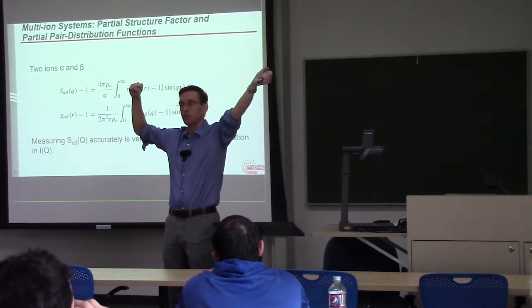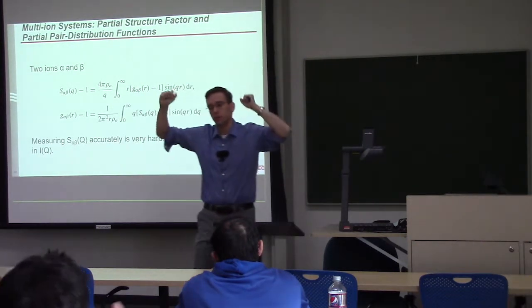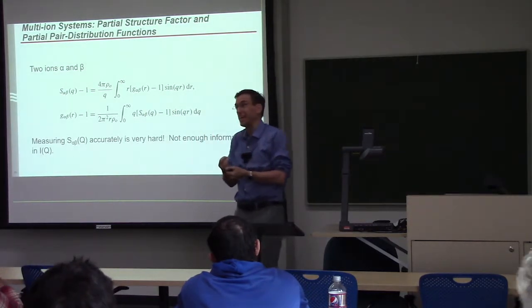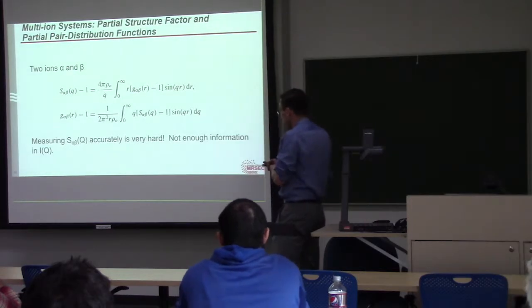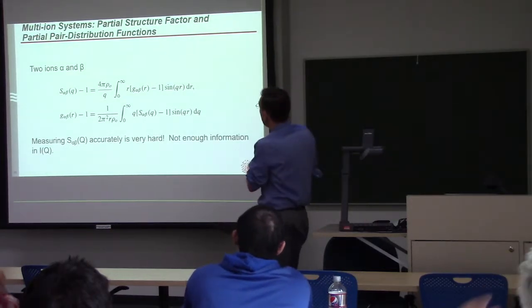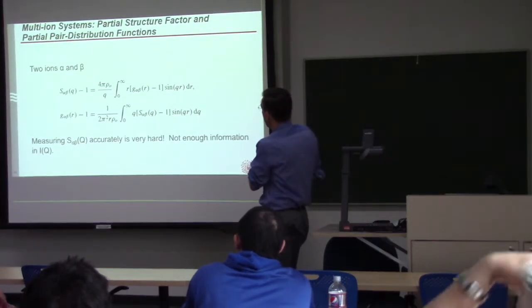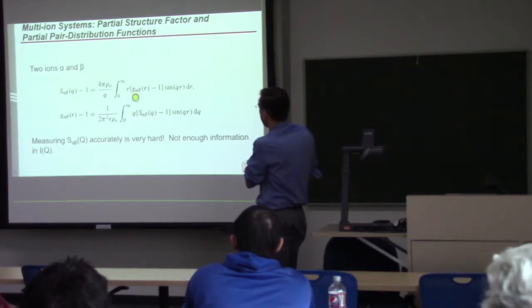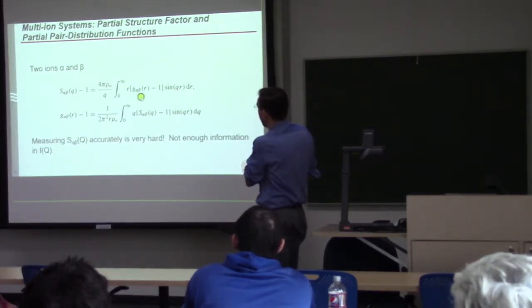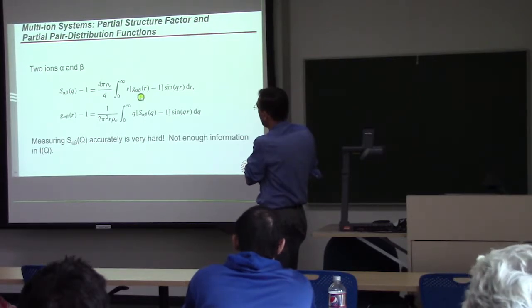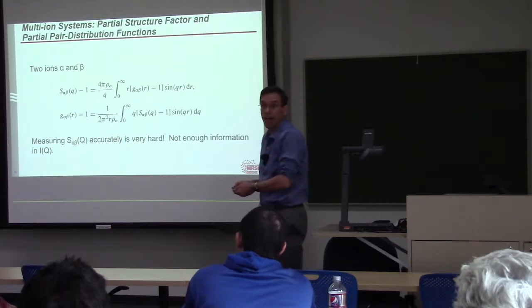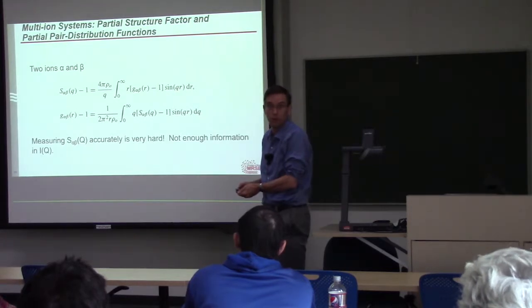And so that G of R now has to do with the likelihood of finding any atom, or the likelihood of finding an atom with the identity that we're interested in. And so we can define a new quantity, G alpha beta, that tells me how many atoms I find at distance r of identity beta if I start on alpha. Are you with me?